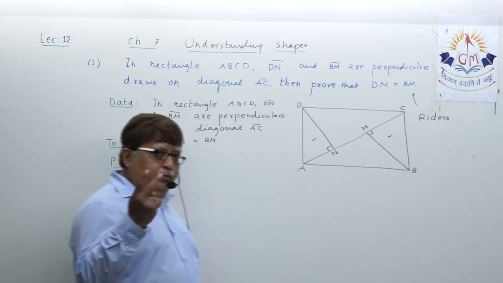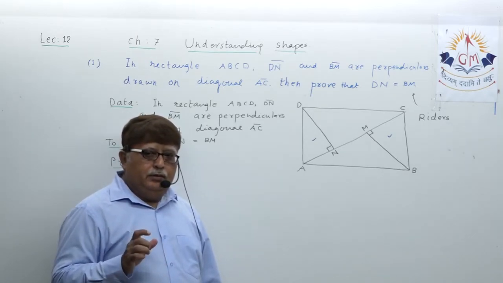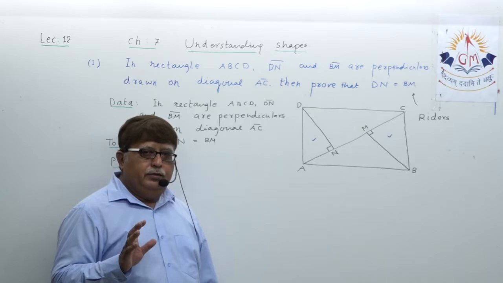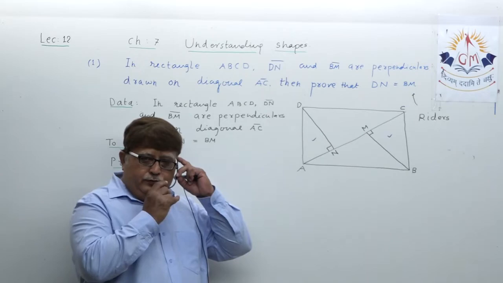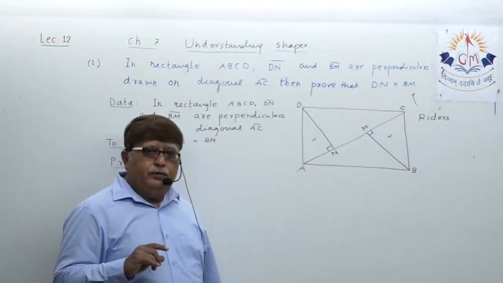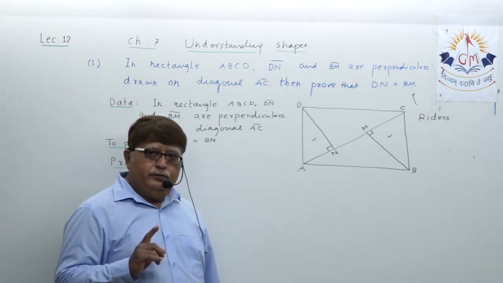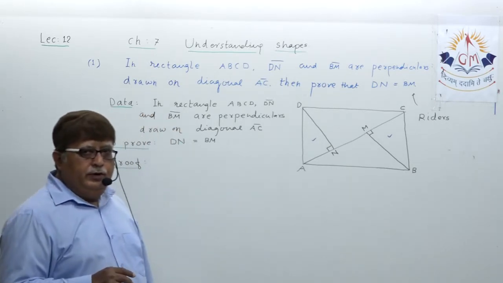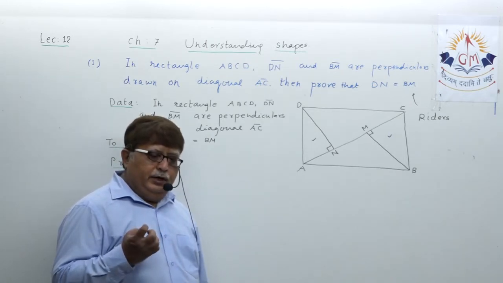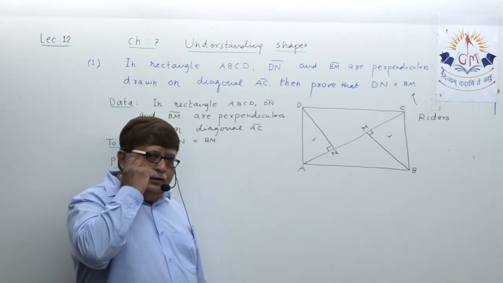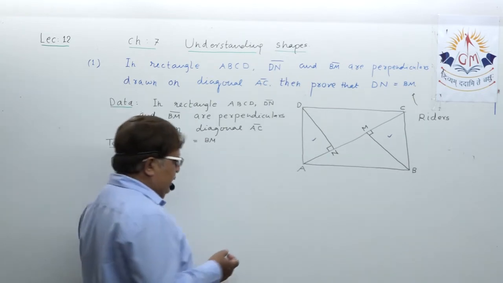Okay, to prove two triangles congruent, how many postulates do you have? Only two. Understood? SAS or ASA. Only two postulates we have.